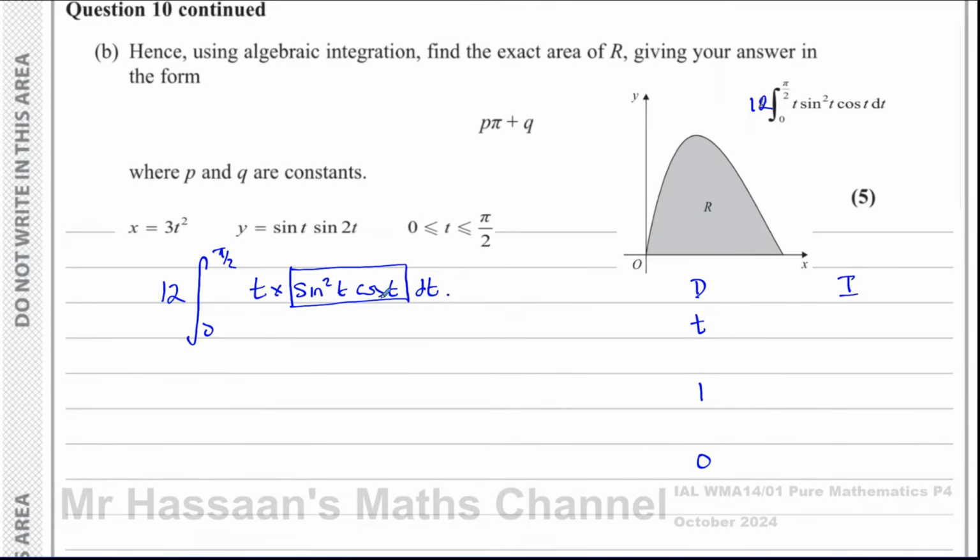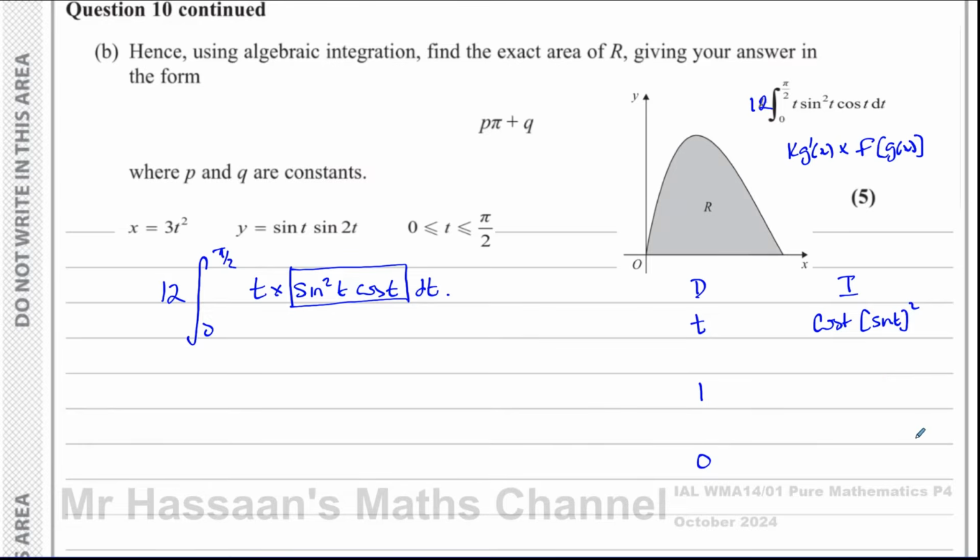Now the integral of sine squared t cosine t, we can think of this as cosine t times sine t all squared. And we can reverse the chain rule for this because we have a function inside a function, and outside it you're multiplying by some constant times the differential of the function inside.